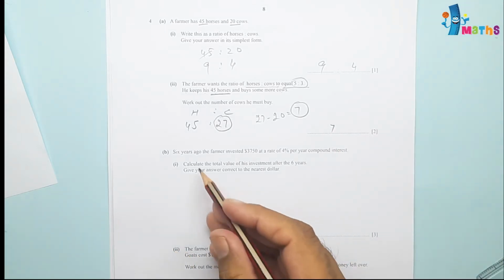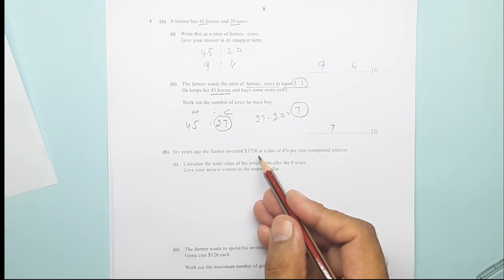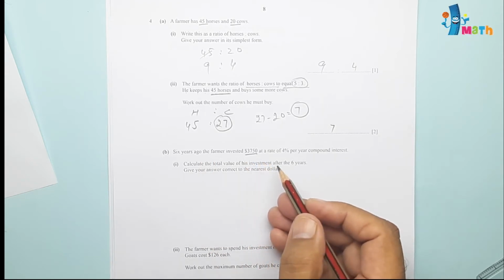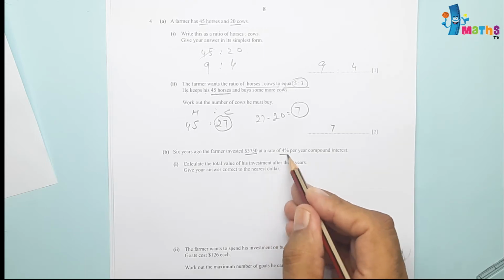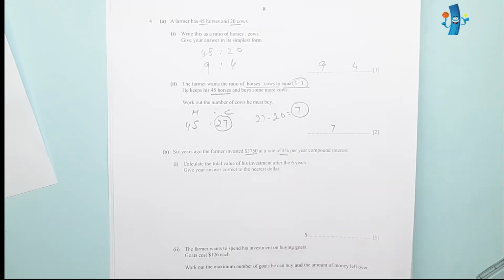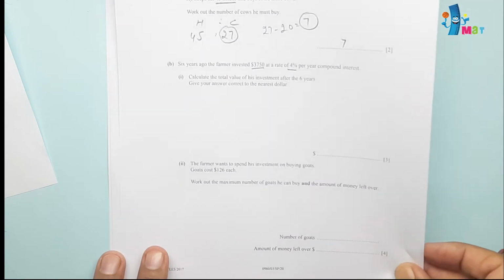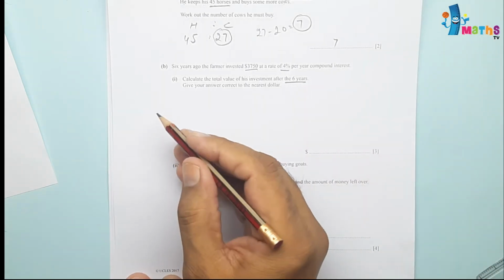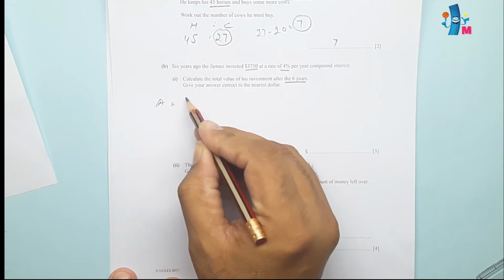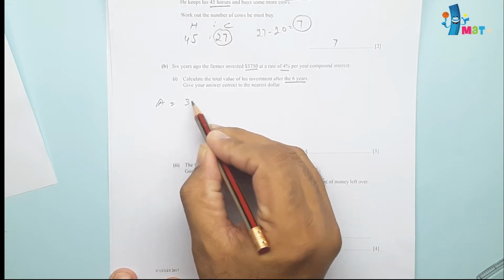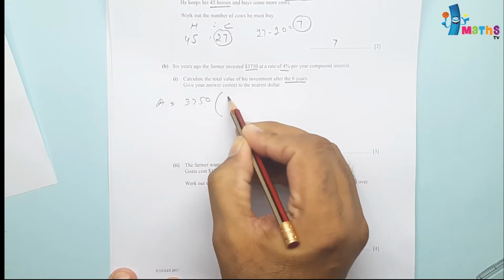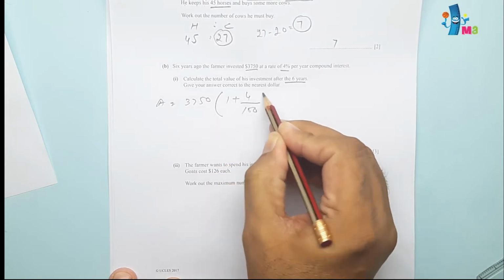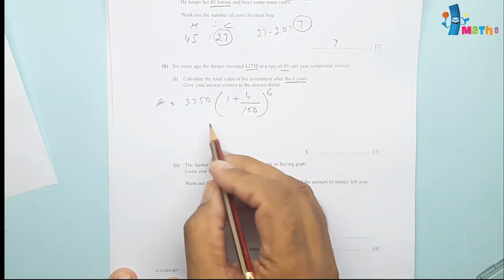B part, 6 years ago the farmer invested $3,750 at a rate of 4% per year compound interest. Calculate the total value of his investment after 6 years. So amount will be equal to principal amount, which is 3750 into 1 plus percentage rate over 100 and raised to the power duration.